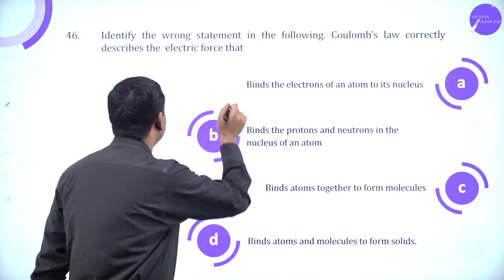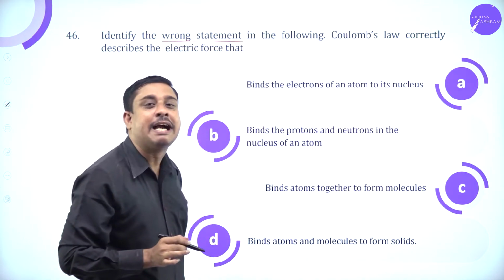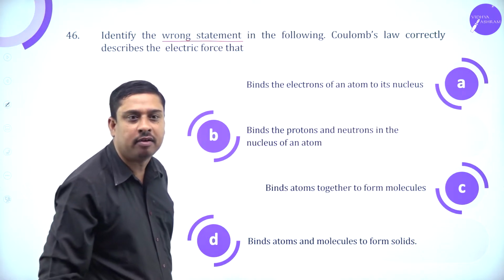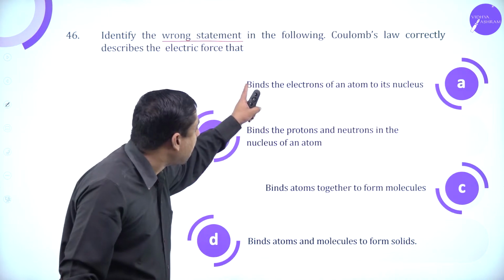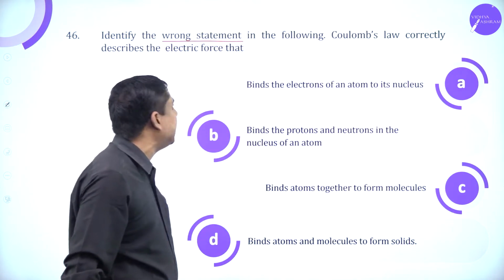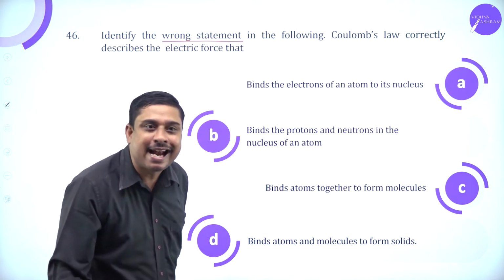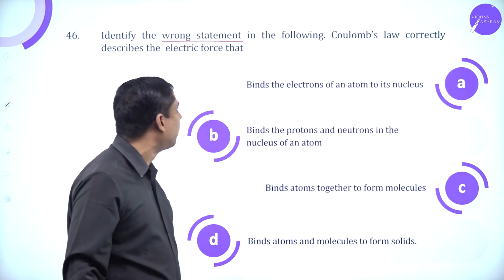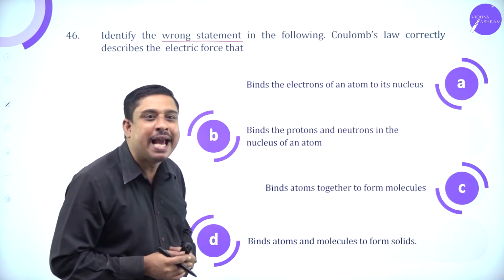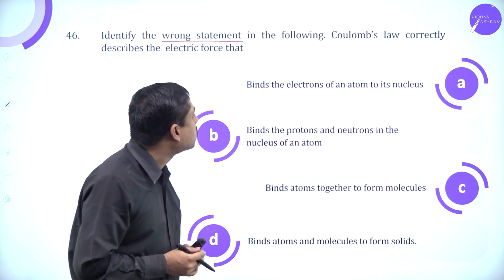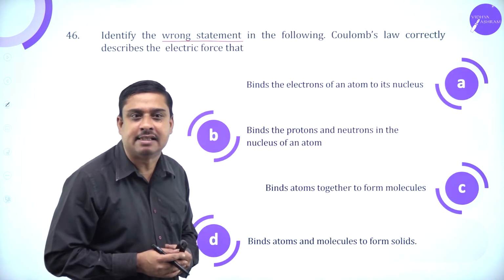Identify the wrong statement regarding Coulombs law. Coulombs law explains how electrons of an atom are bound in the nucleus.